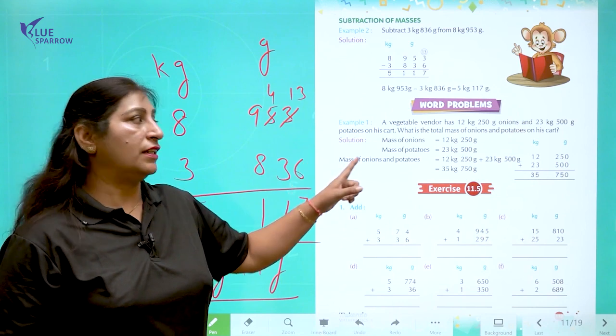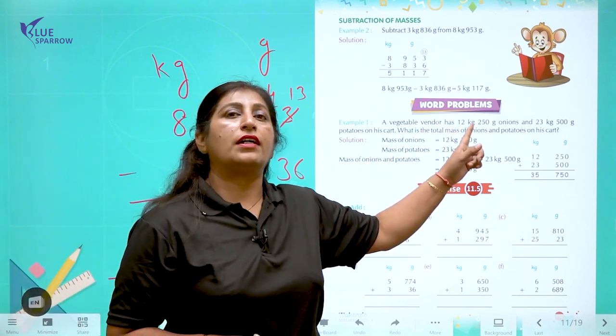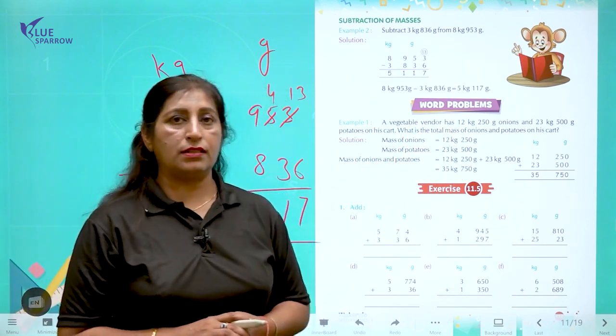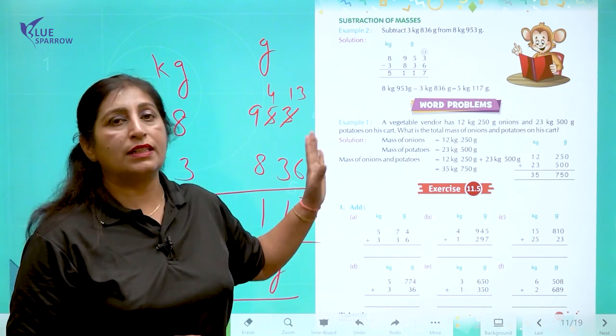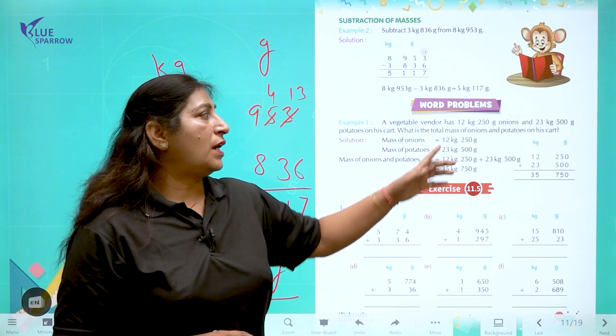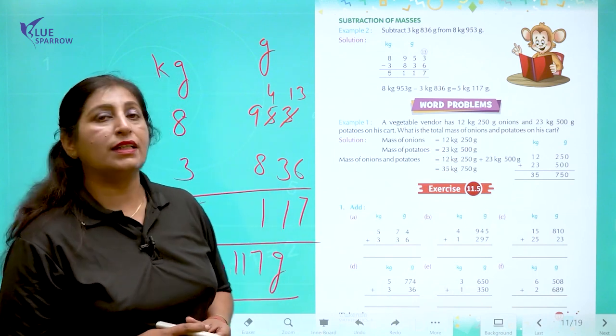Now we solve the word problem, which is given as example 1. A vegetable vendor has 12 kilogram 250 gram onions and 23 kilogram 500 gram potatoes on his cart. What is the total mass of onions and potatoes on his cart?